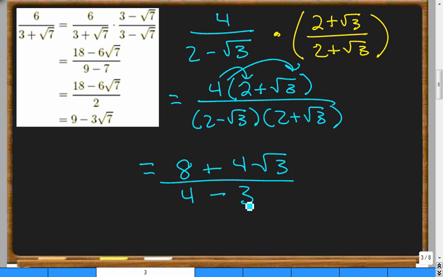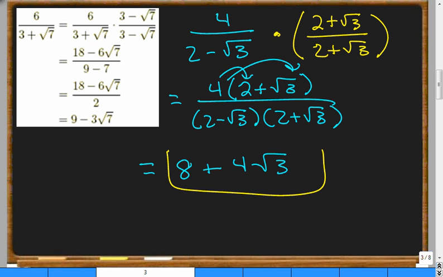The reason I can do this is because the inside terms and the outside terms, 2 times the negative square root of 3 and its counterpart, cancel each other. So I just end up with this. And this bottom actually simplifies to make 1, which means I can just get rid of it altogether. And so you're left with this.